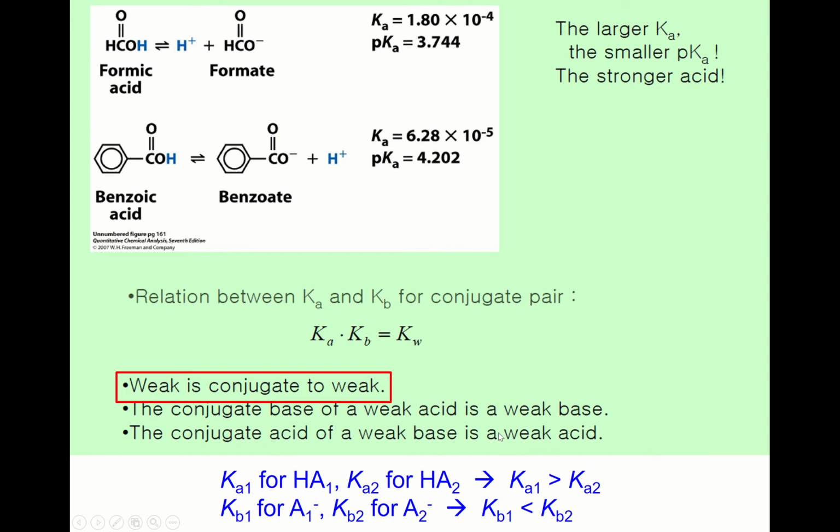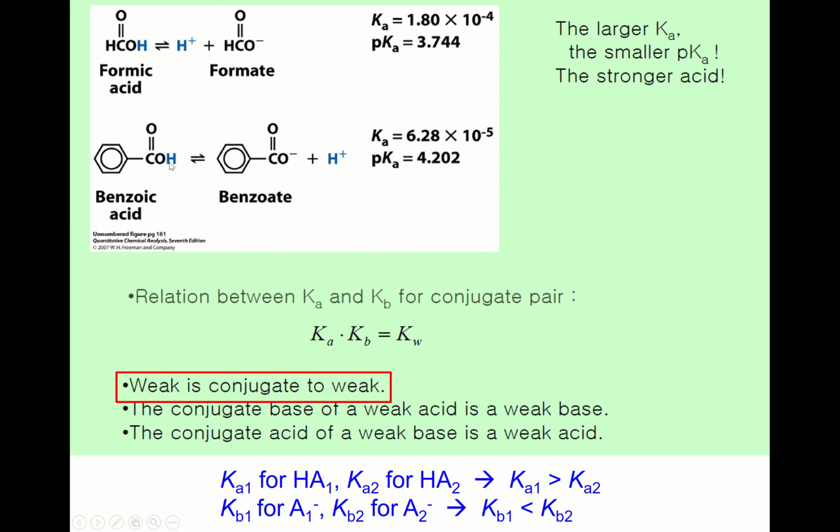Now consider formic acid and benzoic acid dissociation in water. For formic acid, the structure is very simple, so the Ka value is rather large. pKa, by taking the negative logarithm of this value, is 3.744. Meanwhile, benzoic acid is also a weak acid.